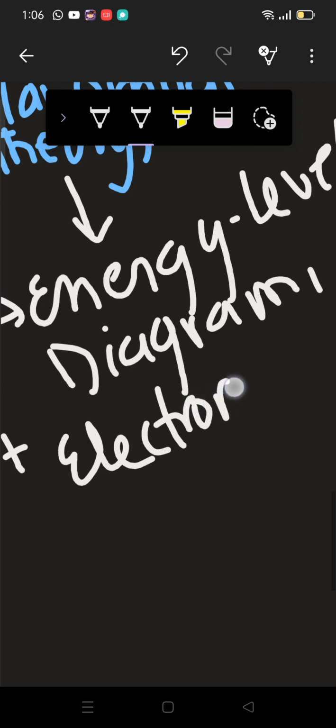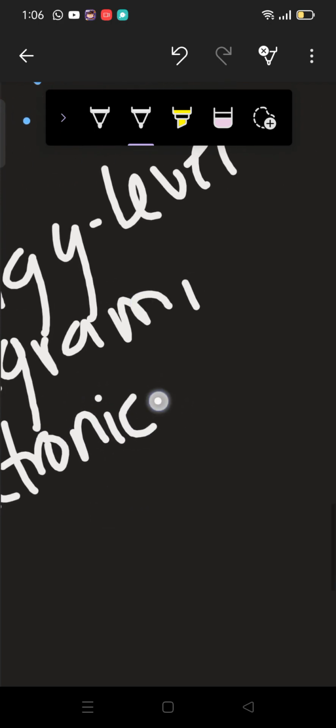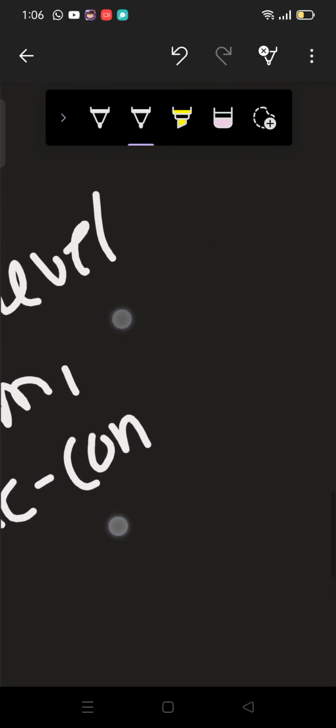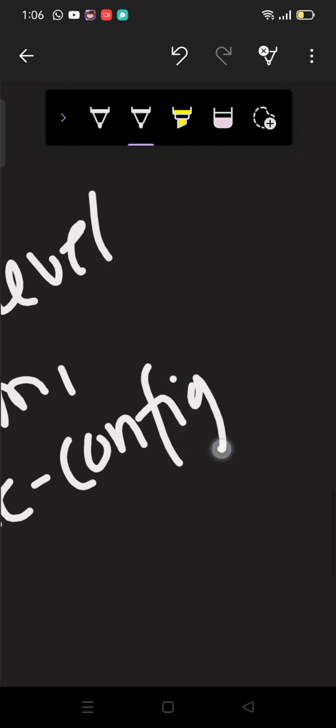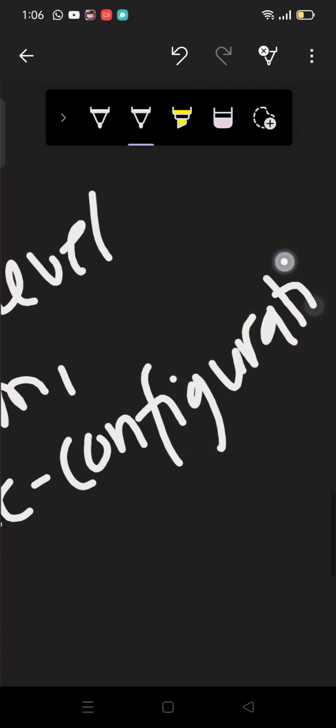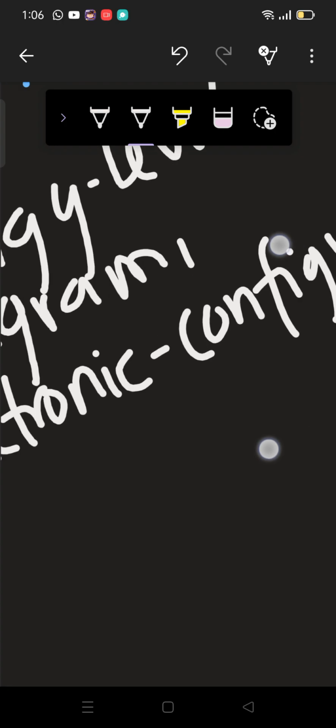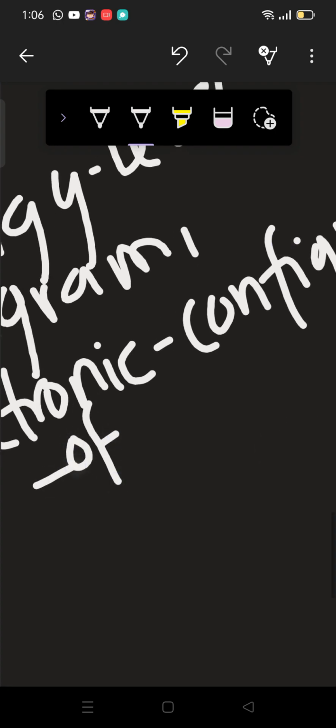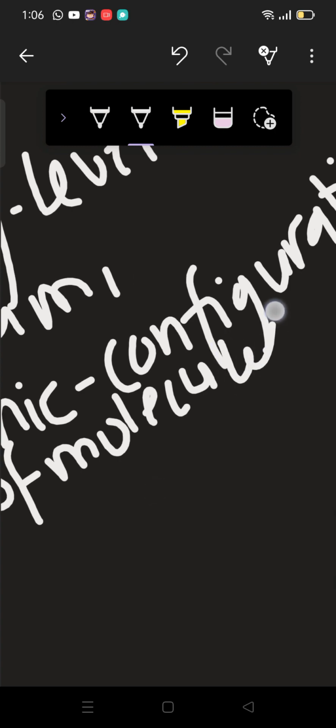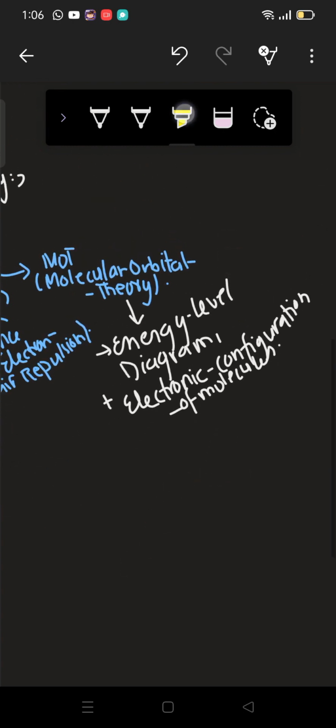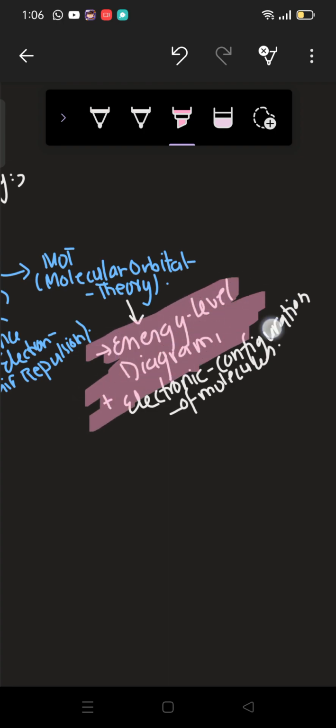We have already discussed electronic configuration of atoms or elements, right? But here we will be discussing electronic configuration of molecules, which is very important. So again, both these topics are very important in our syllabus.